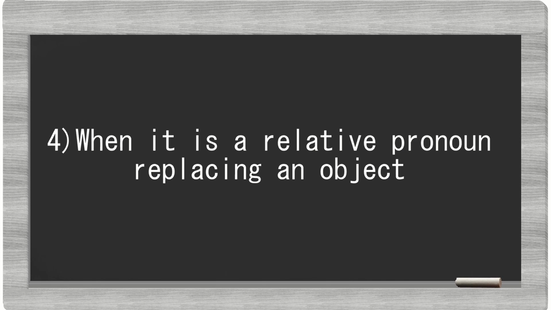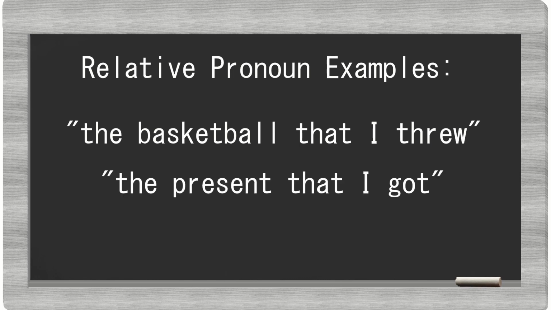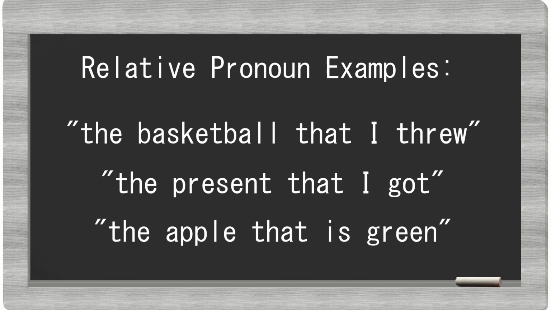Point number 4, when it is a relative pronoun replacing an object. If you're not familiar with what is a relative pronoun, it's a clause that includes more information about a noun or a noun phrase. For example, the basketball that I threw, the present that I got, the apple that is green. It includes more information about the noun or the noun phrase.